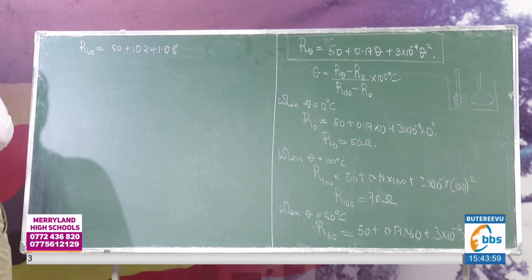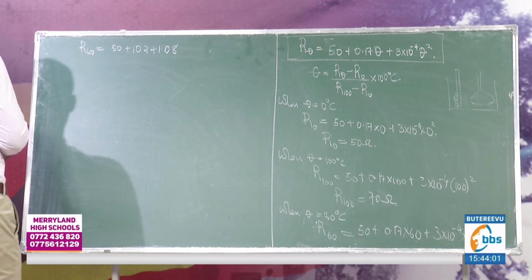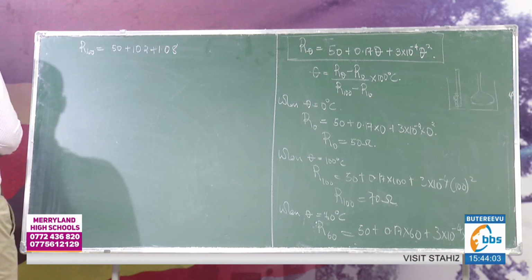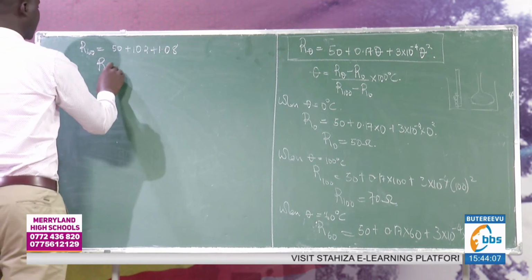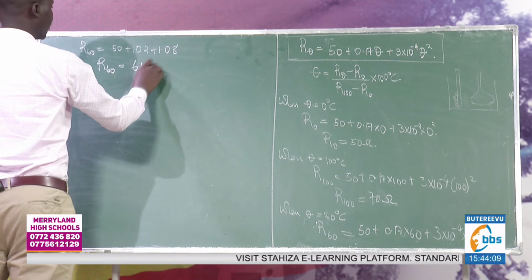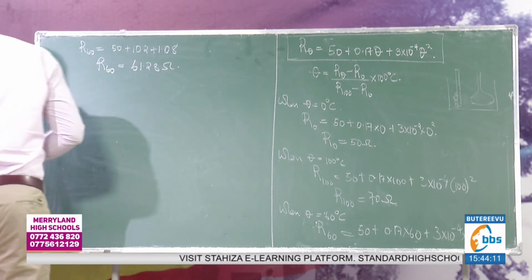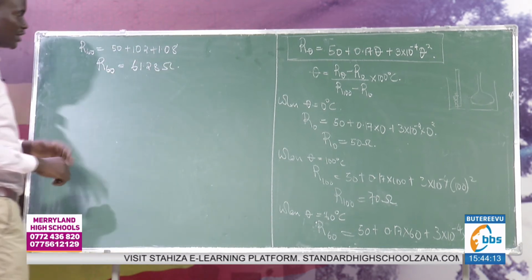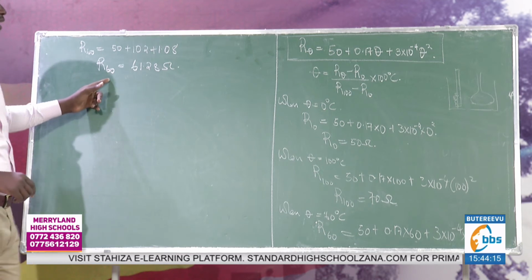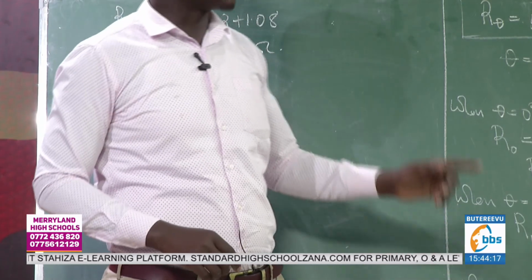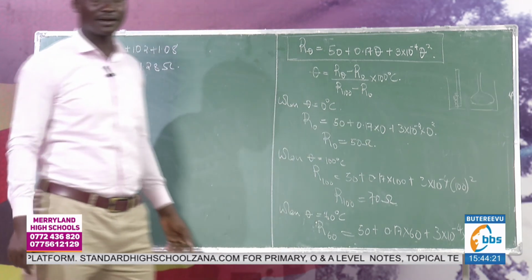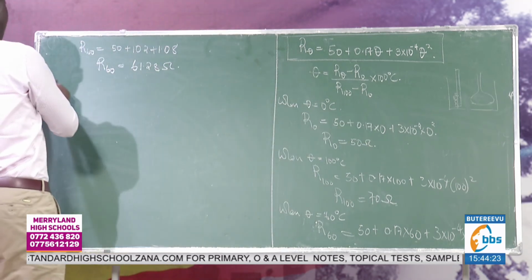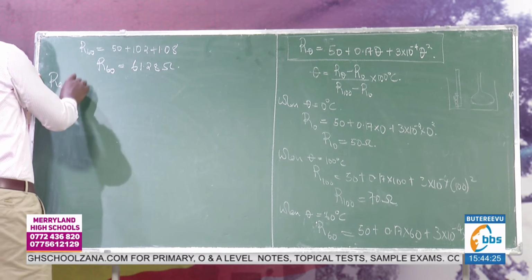So 1.08 plus 60.2, yeah, 61.28. So the resistance is 61.28 ohms. So this is the resistance of the platinum wire corresponding to the temperature reading of 60 degrees C as measured by the gas thermometer. Now, what will be the reading of the platinum resistance thermometer?